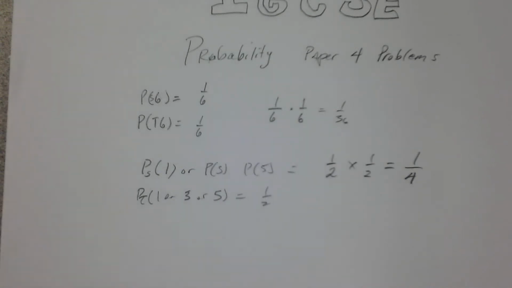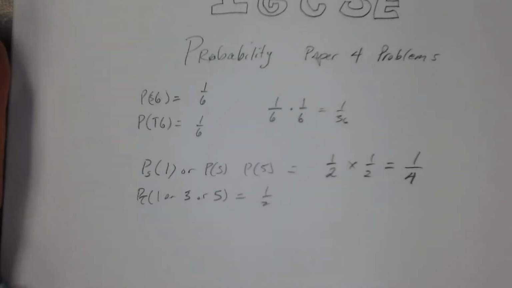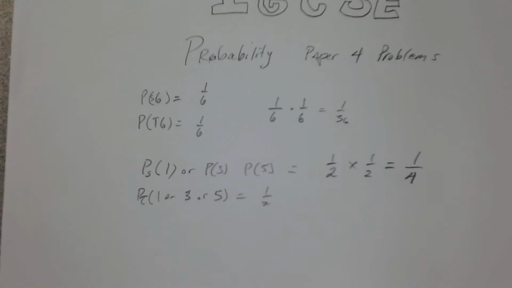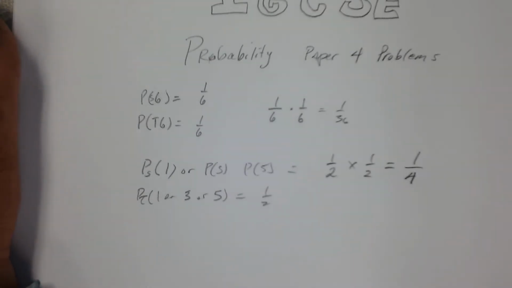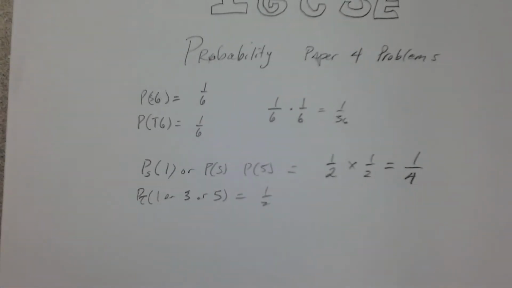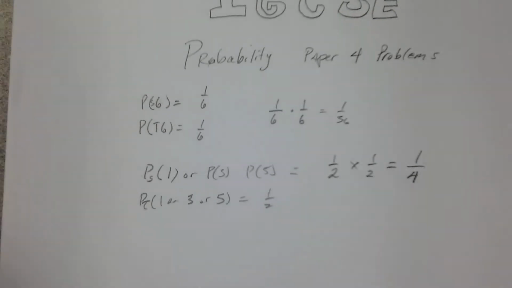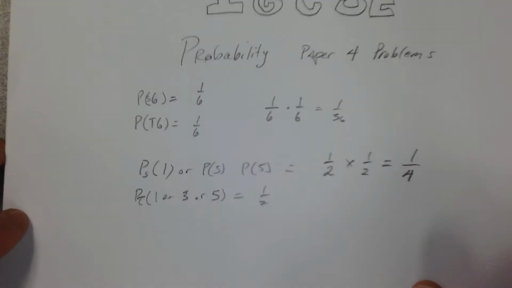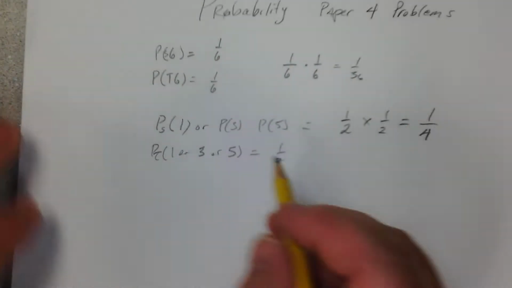Next up says, find the probability that Sarah threw exactly 4 more than Terry. The probability that one threw 4 more than the other.